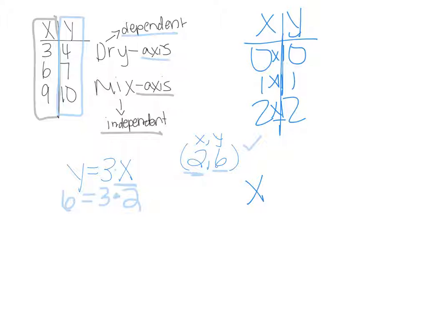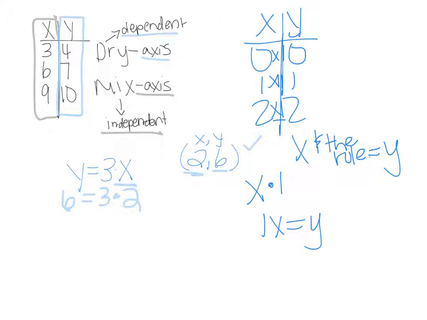So x and the rule, which in this case is times 1, or 1x, is equal to y. So it's x and the rule equals y. So set it up, find the rule.